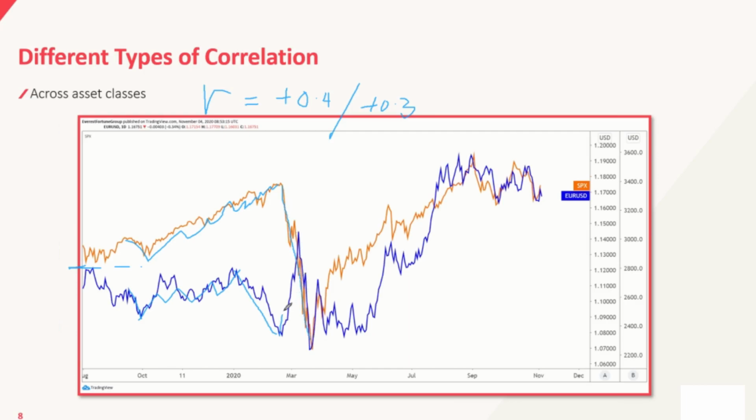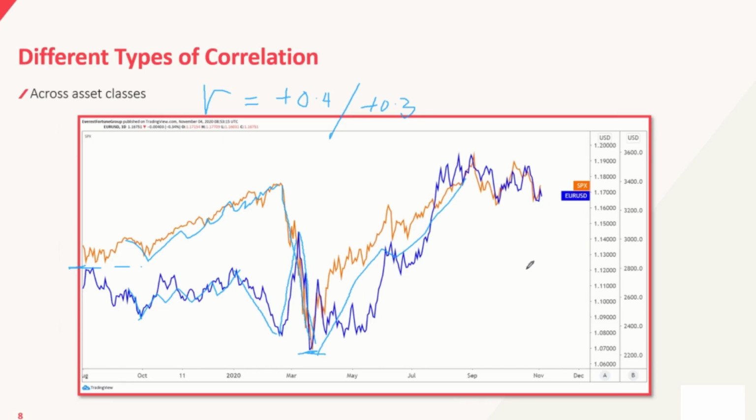The euro dollar actually rose quite sharply for a while, showing that they were very strongly negatively correlated. It was only after that, towards the end of May, that the euro dollar started tanking together with the S&P, showing very strong positive correlation. And they both bottom out at the end of March, probably at the start of April, and then they showed pretty strong positive correlation all the way till now.